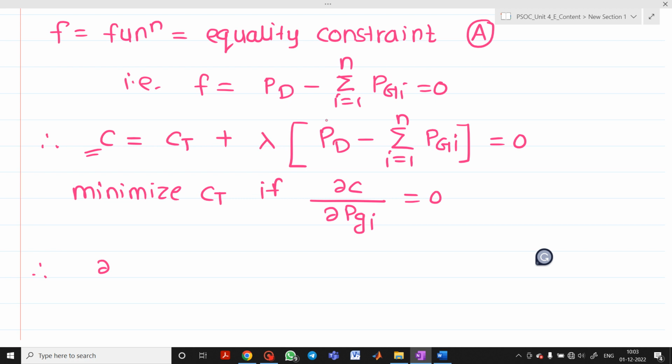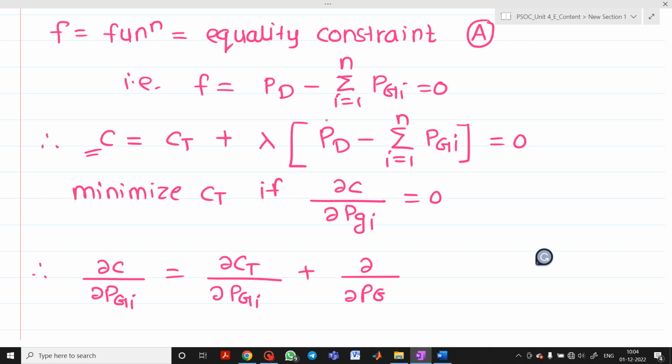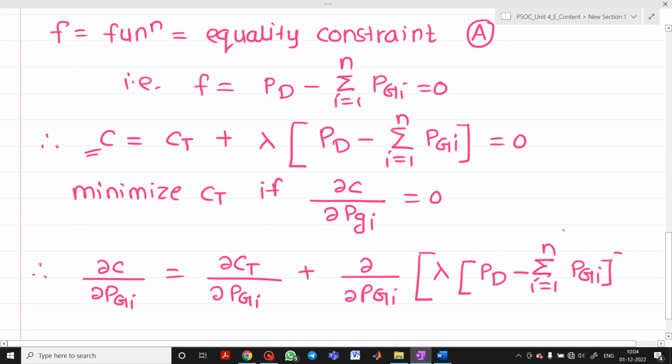It will be ∂C upon ∂PGi, which will be equal to ∂Ct upon ∂PGi plus ∂ upon ∂PGi of this total term, lambda into bracket PD minus summation of i equal to 1 to n PGi, bracket close, which will be equal to 0.